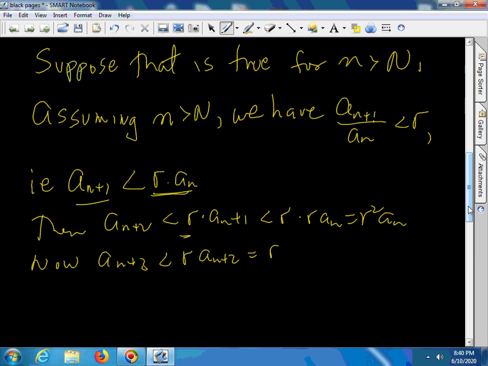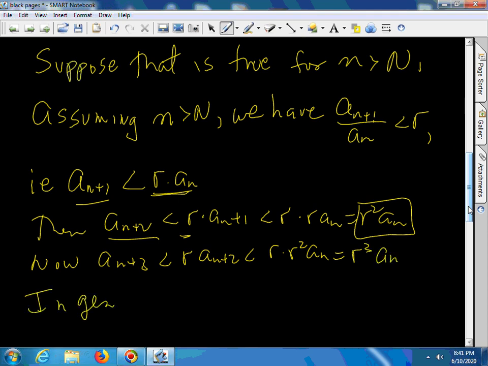Now, a sub n plus 3 is less than R times a sub n plus 2. Well, that's going to be less than R times anything less than a sub n plus 2. And a sub n plus 2 is less than R squared a sub n, so this is R cubed a sub n.